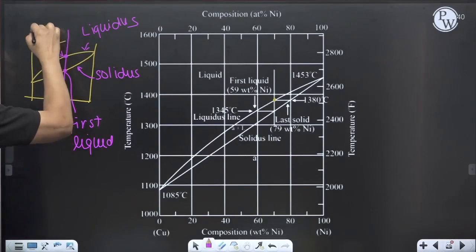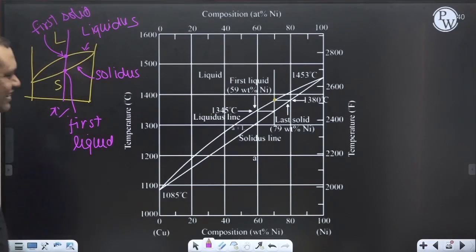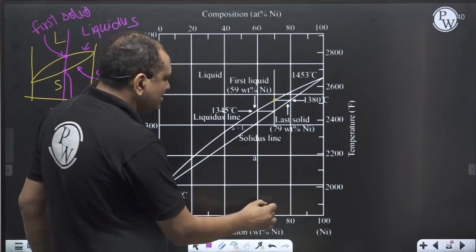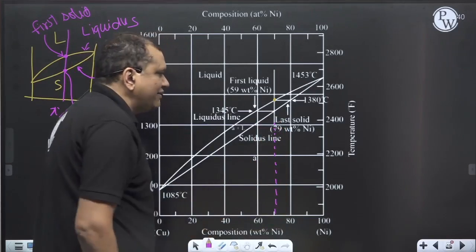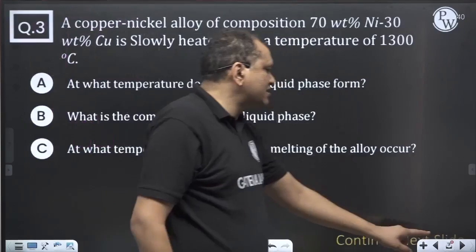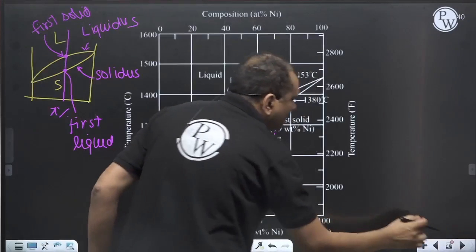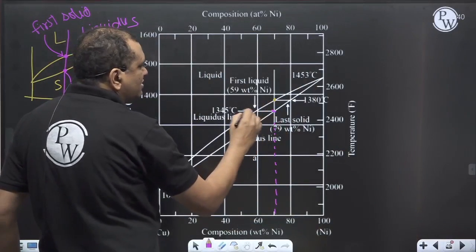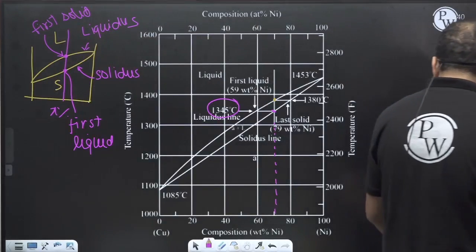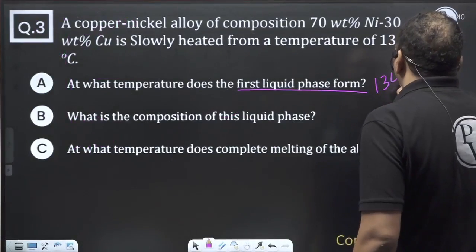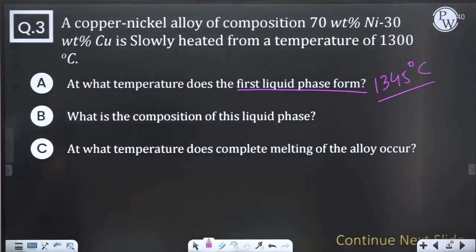So this is the 70% line. My question is asking at what temperature the first liquid phase will form. This is the solidus. The first liquid phase will form at 1345 degrees centigrade.